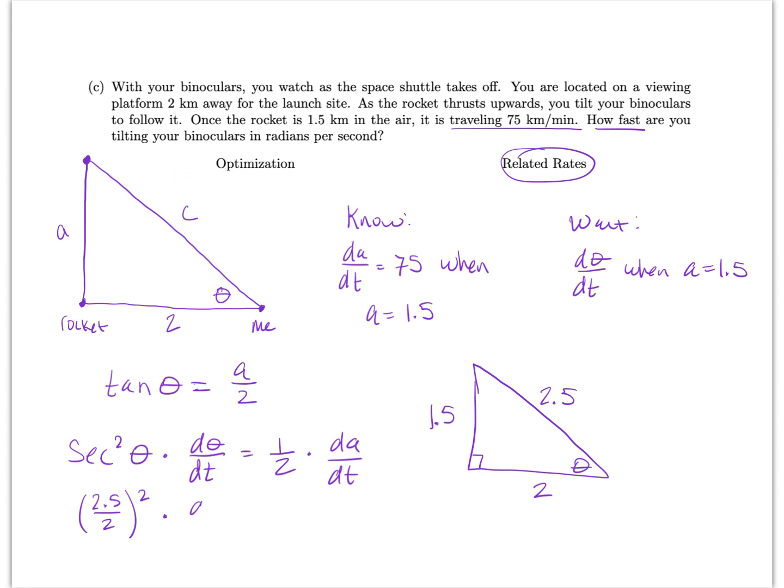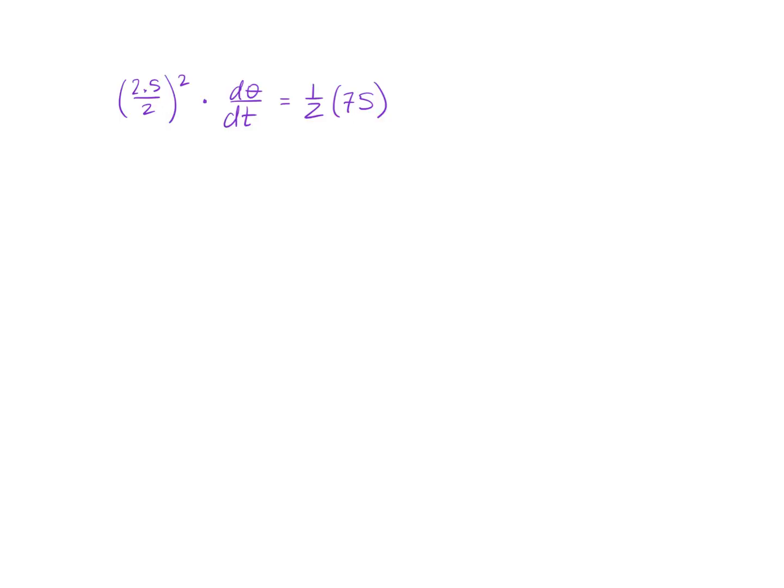dθ/dt is what I'm looking for. And that's going to be 1/2 times dA/dt, which was given as 75. Okay, so the last thing I just need to do is solve for dθ/dt. So 2.5 squared over 2 squared is 6.25 over 4. 6.25 over 4 times dθ/dt.